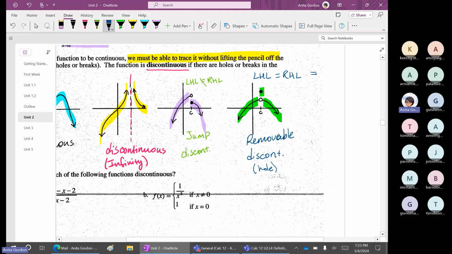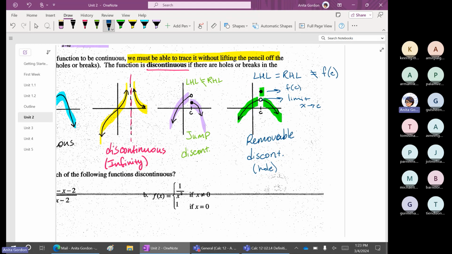However, the limit and the function do not agree. The function says that the value is here, but the limit as x approaches c is down here.